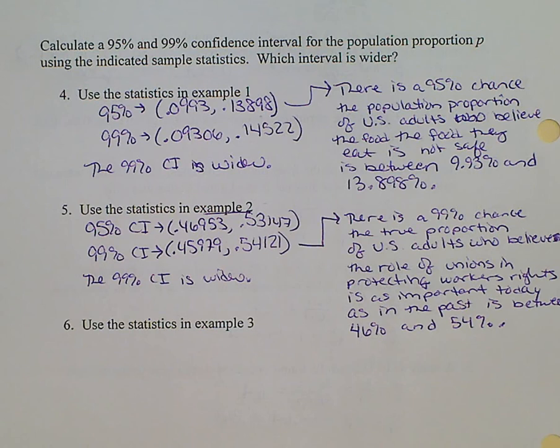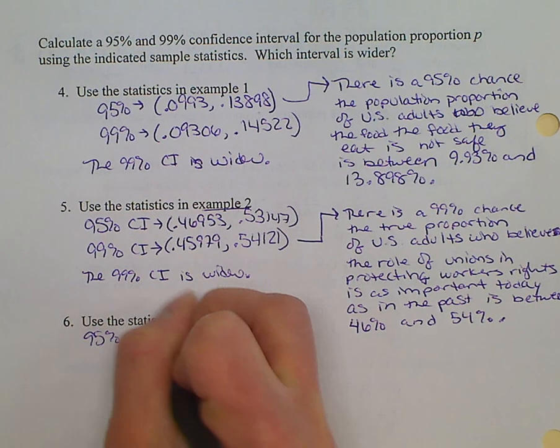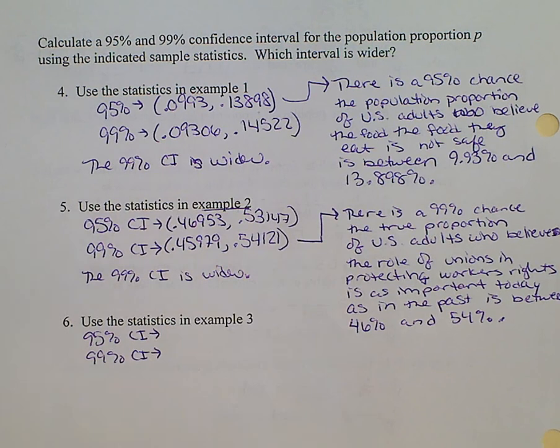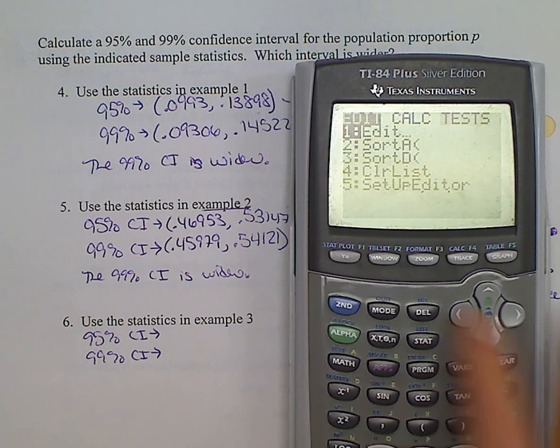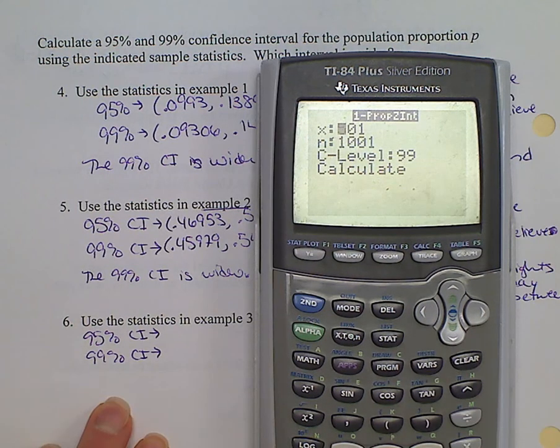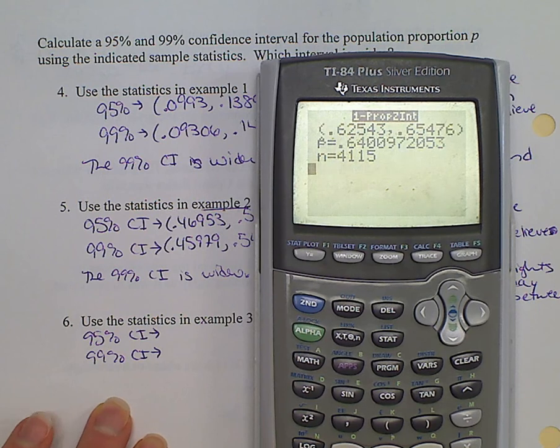Number 6. We're going to go back and use the information from example 3. So I go to stat and tests. X was 2,634. N was 4,115. I'll do the 95% confidence interval first.